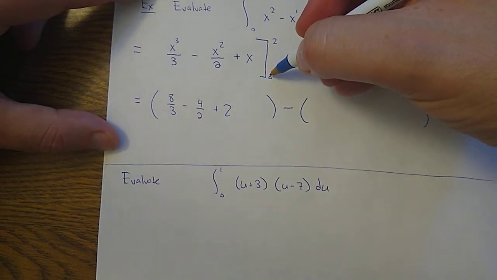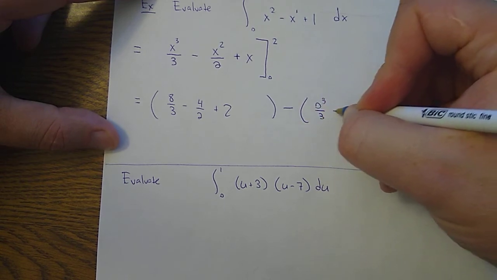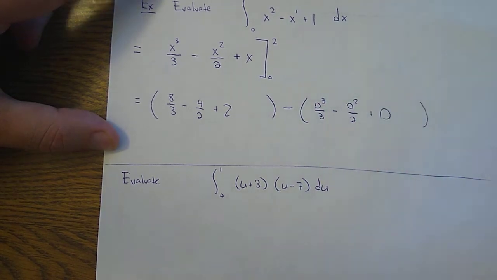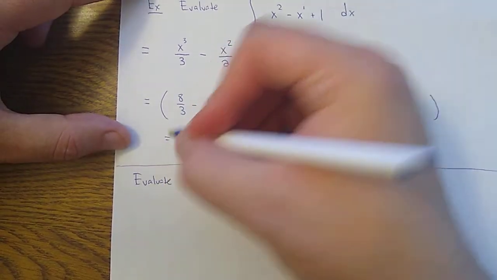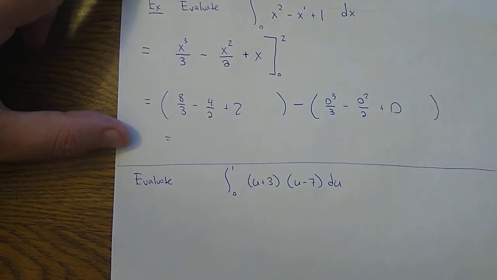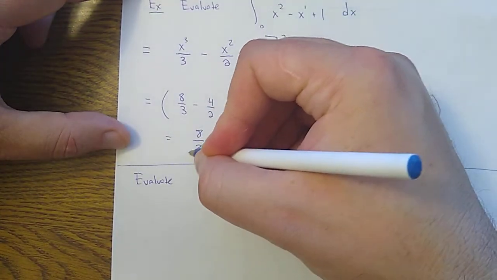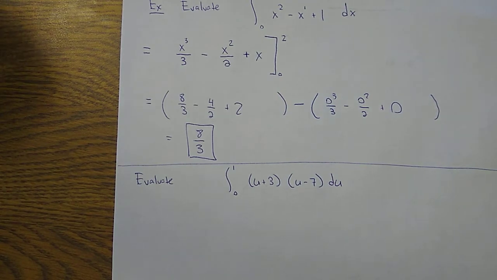Of course, then I realize my life is a lot easier and I don't have to worry because everything in here is just 0, so this has no effect on anything. Anyway, oh, and that's nice. So this and this just cancel, so I guess I just get 8/3.